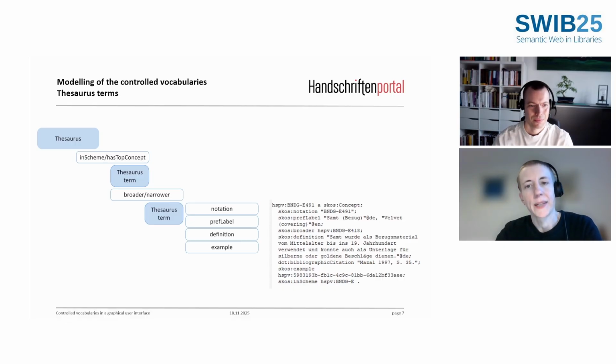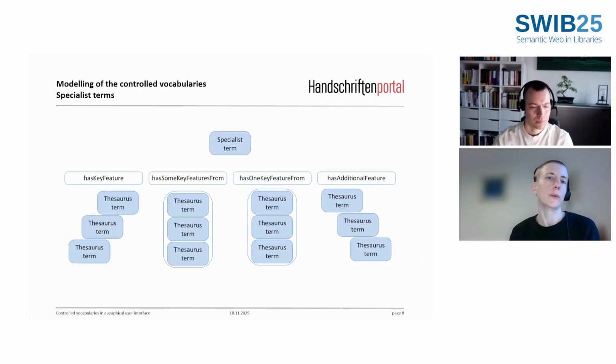And these thesaurus terms are on a quite basic level. So for example, here you can see this thesaurus term is velvet as covering material for a book binding. So it's quite basic. On the other hand, we also have specialist terms, which are more complex.